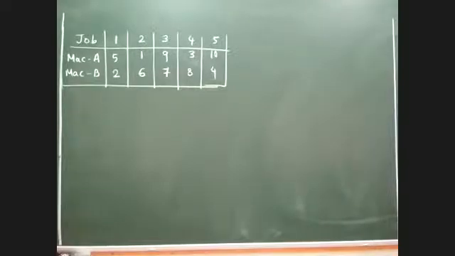If you remember, I was just mentioning the assumptions of the sequencing problem. Among the assumptions, I made a very important statement that no passing rule is allowed. That means once the order in which the jobs are to be processed is decided, you are not supposed to violate that order.